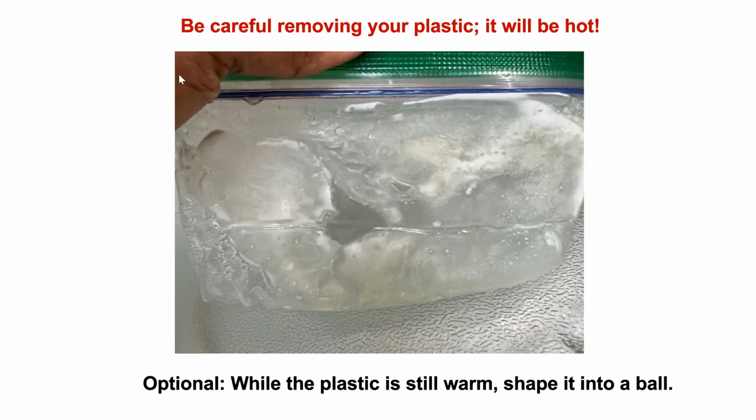Now, you have to be very careful at the very end after the microwave. You want to be very careful removing your plastic. It's going to be very hot, so this is an important step. Do not burn yourself. Make sure you use extreme caution. Again, this is optional: when the plastic is still warm, shape it into a ball.